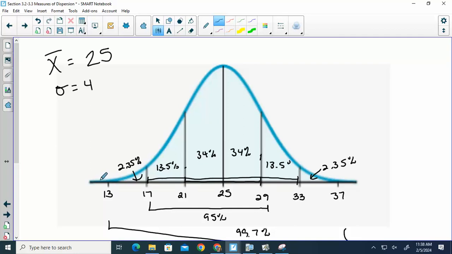Okay, and that means if this is 99.7, there's only 0.3% left. So after the 13 here, we would expect 0.15 on each end. So if you're wondering where those percentages came from, it's just a matter of dividing the percentages in half, half above and half below.